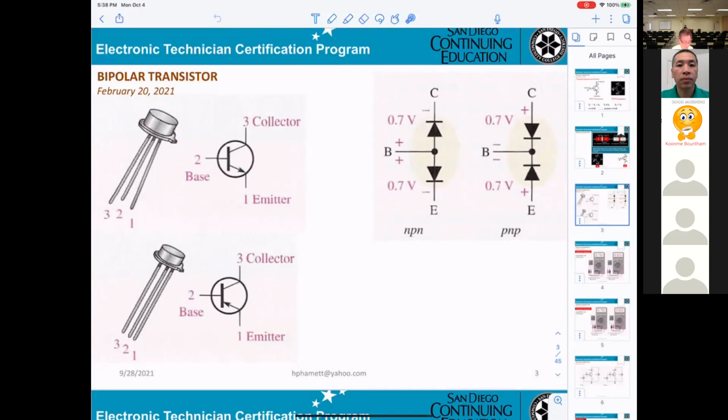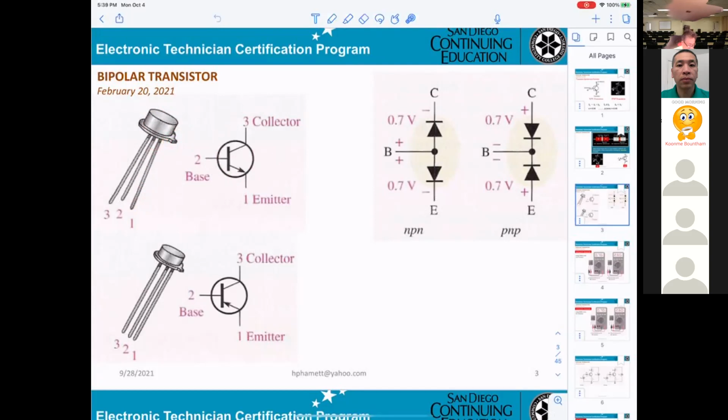Like an LED, one is positive and one is negative because of the length. But I don't recommend using the length here. Looking at the symbol, you take the transistor and easily recognize which one is pin 1.